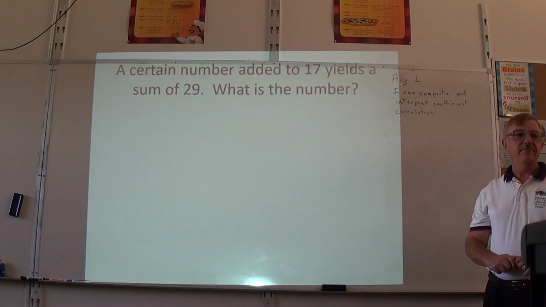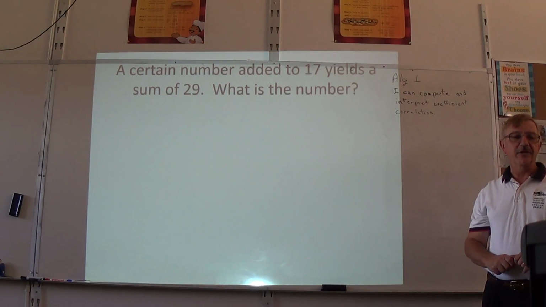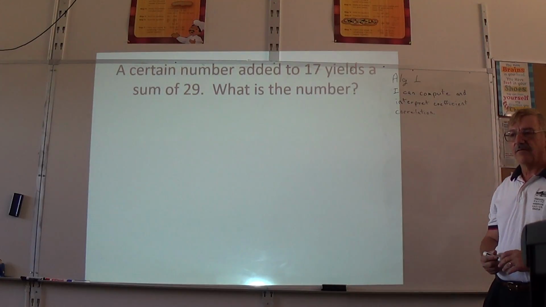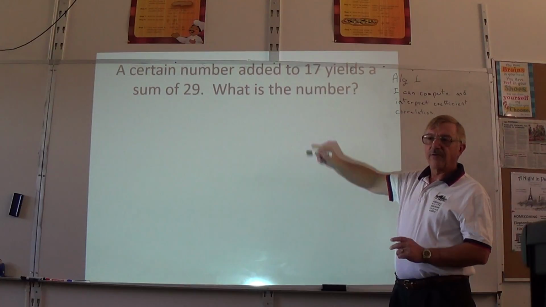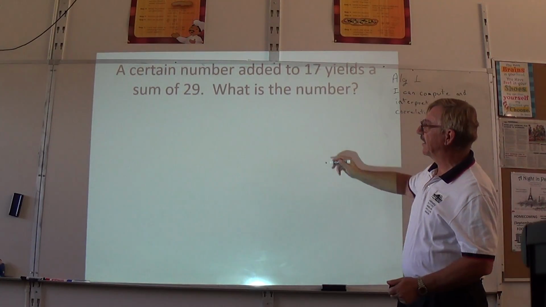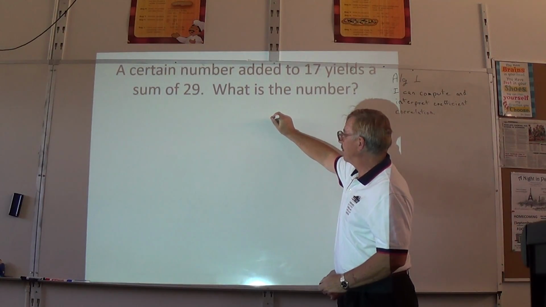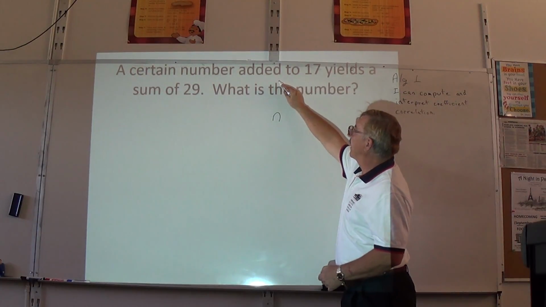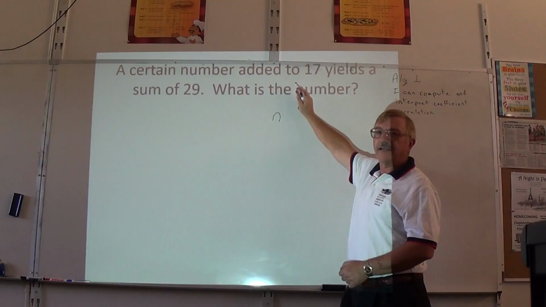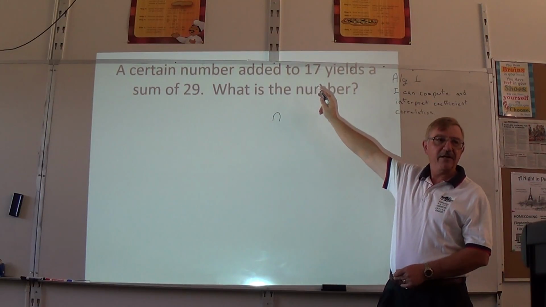Okay, guys, focus back up here. When you've got a problem like this, when it says a certain number, that means your variable. A certain number added to, what's added going to mean for an operand?